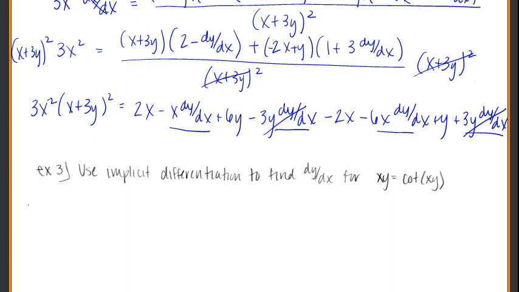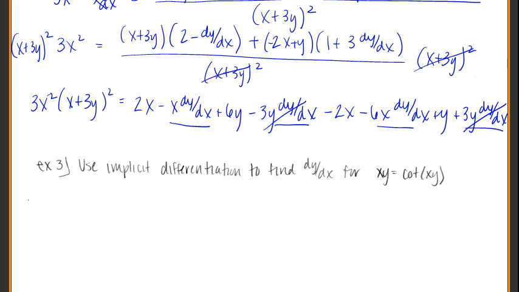We'll finish this out. So 3x squared times (x plus 3y) squared is equal to 2x. I can go and clean up the 2x's too. I was just focusing on the dy part, but I just noticed we got 2x there and a negative 2x there. So let's finish this up.